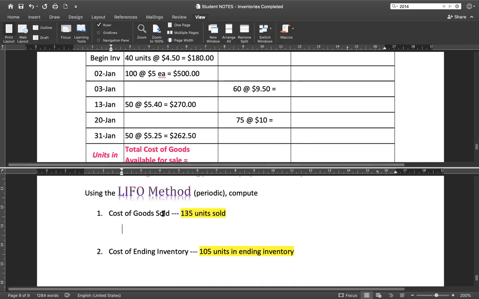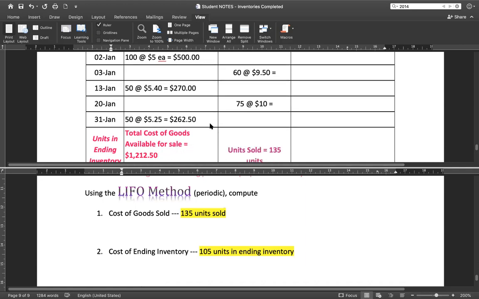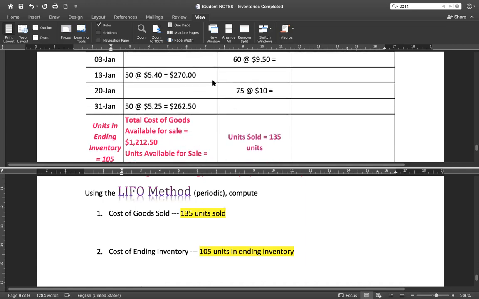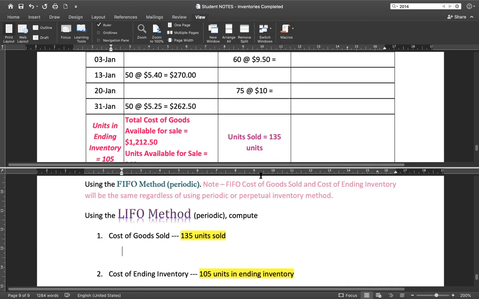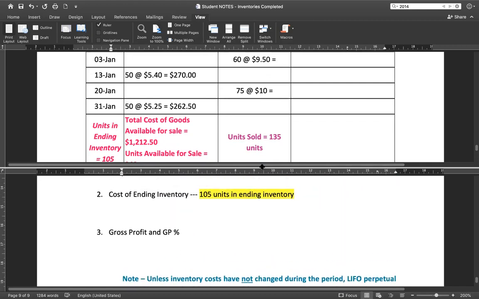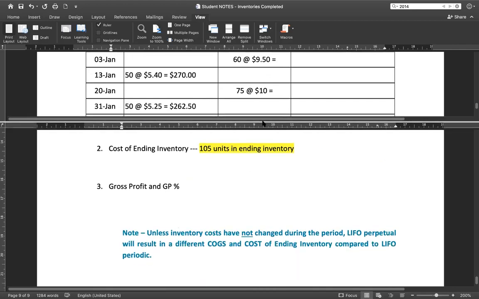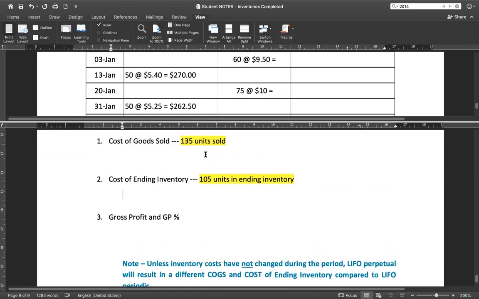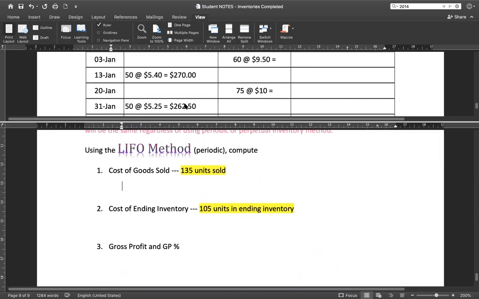Okay, so here we go. They sold 135 units. Remember, we did that computation up there already. So now we're going to cost these units. And in LIFO, we're going to be starting from the bottom, the most recent purchase.